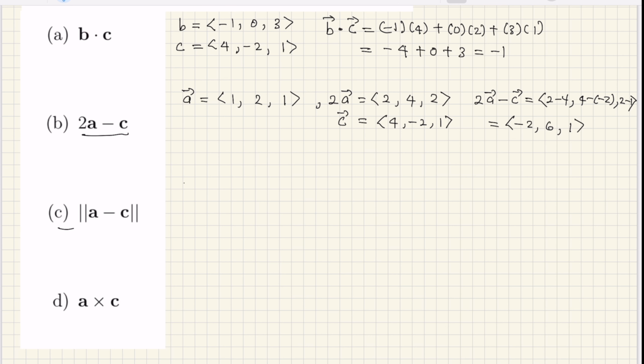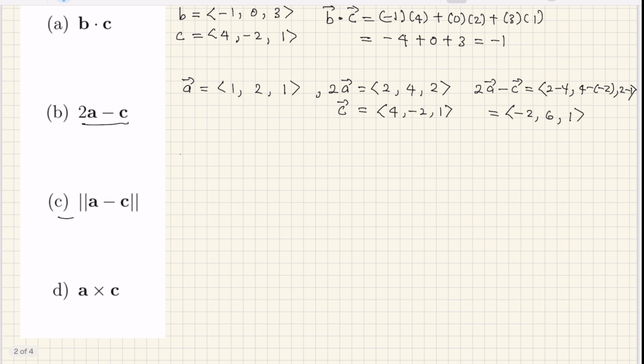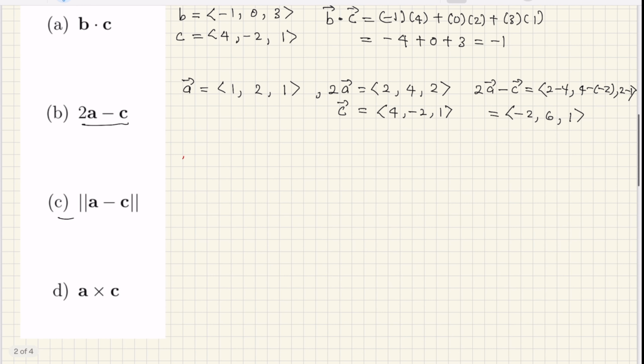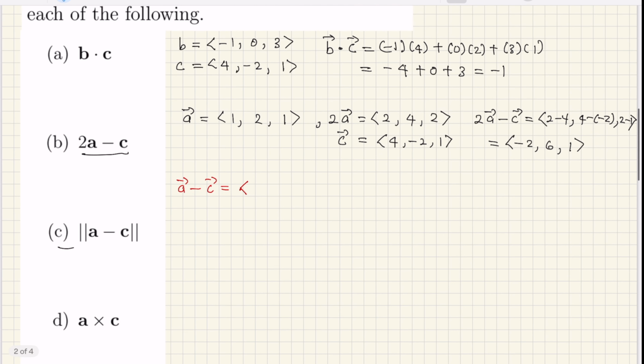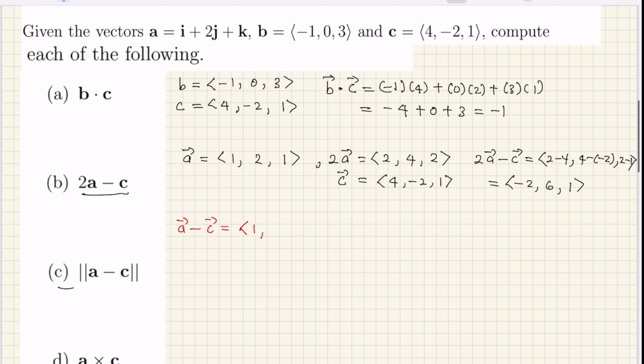First of all, we need to calculate a minus c. So a minus c is given by, a is given as 1, 2, and 1, minus c, which is 4, minus 2, and 1.